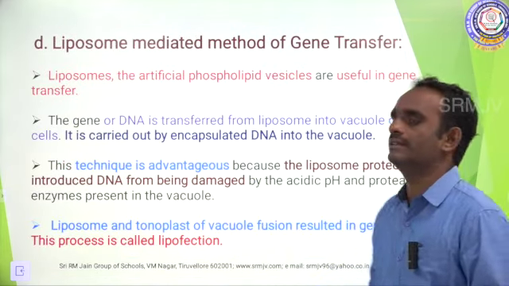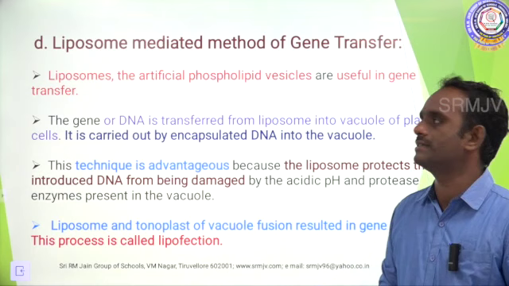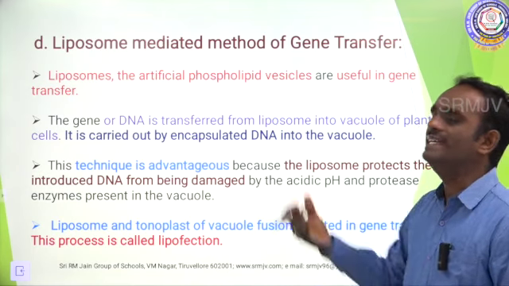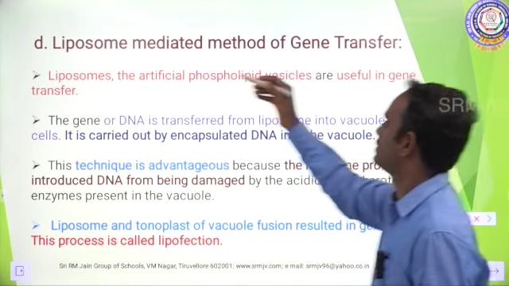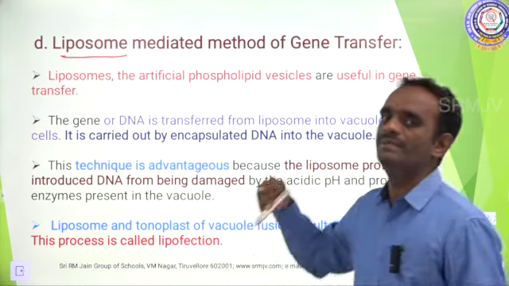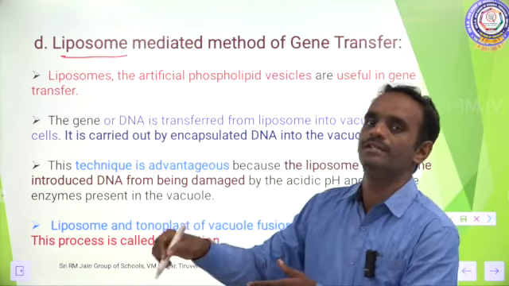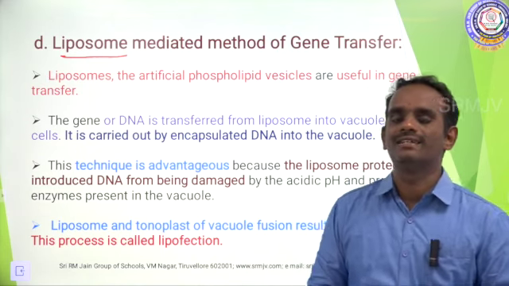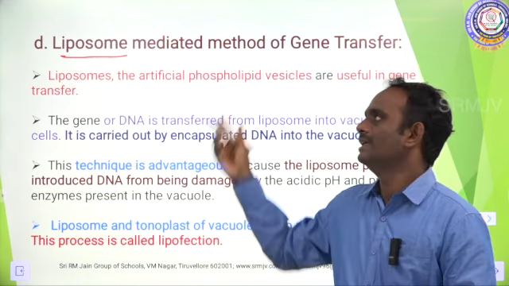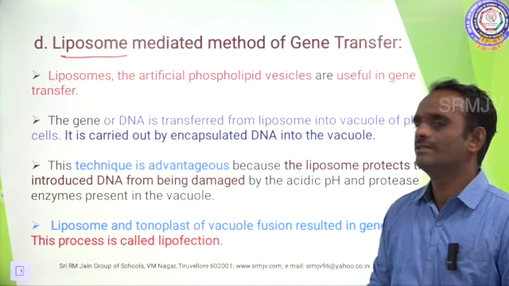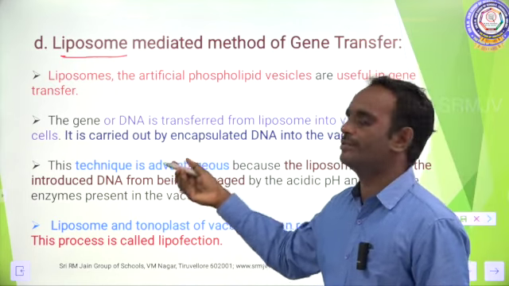Then the fourth method of gene transfer is the liposome mediated method of gene transfer. Liposome mediated. With the help of liposome, the gene is transferred into the host cell or plant cell. So it is named liposome mediated. So what is liposome?